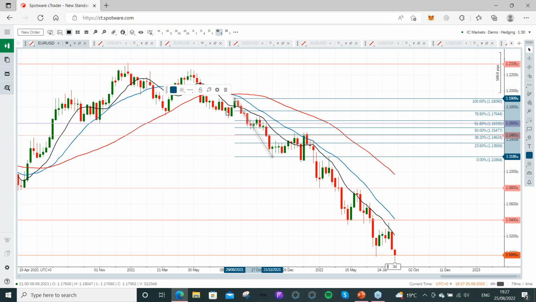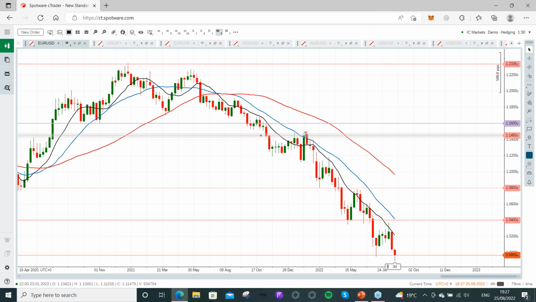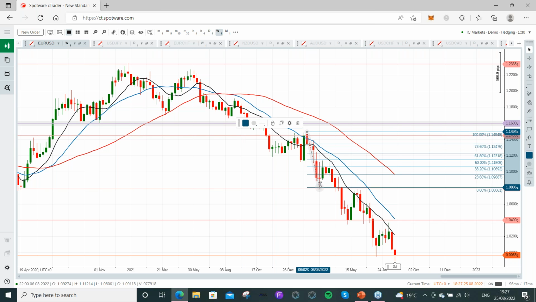So we can see that quite often in a trend, price can tend to retrace to the same Fibonacci level over and over again, which can give us even more confidence in the continuation of that trend potentially. So let's go from the high up here down to the low.